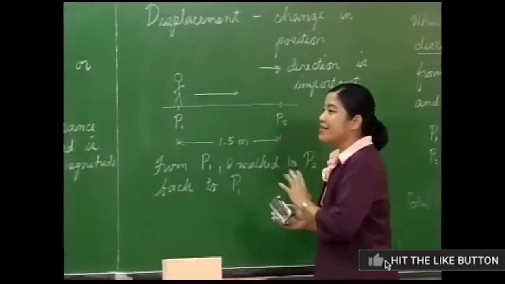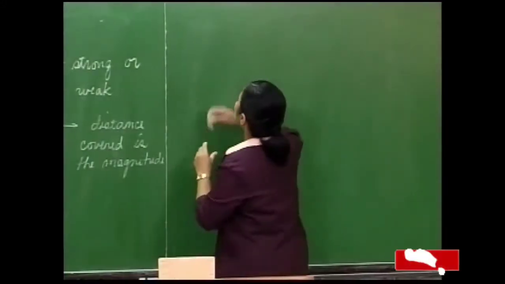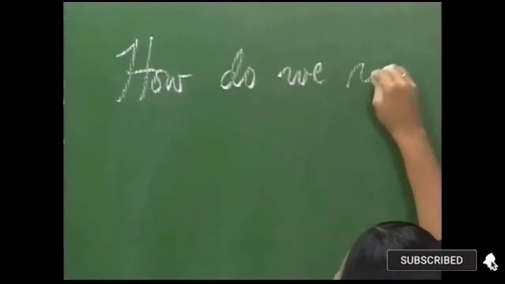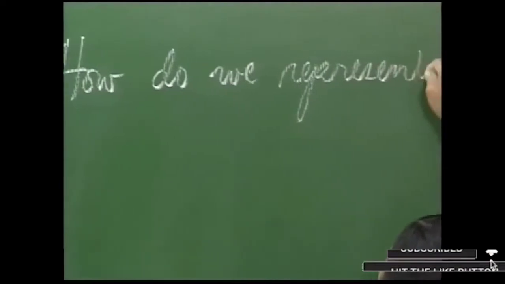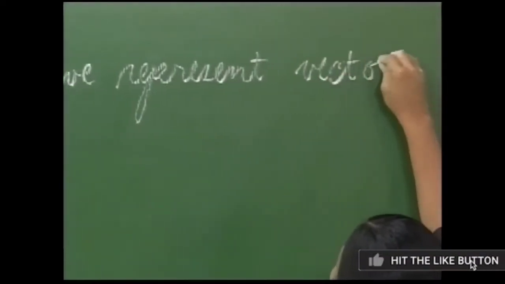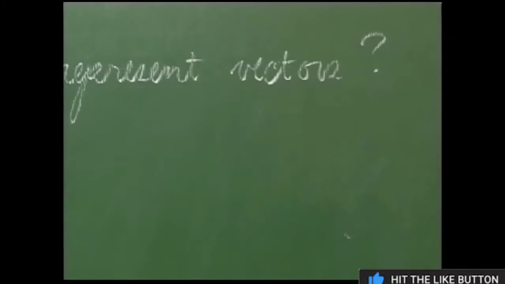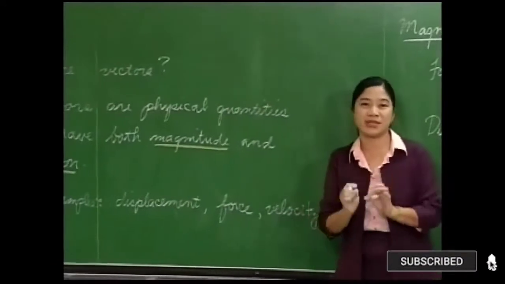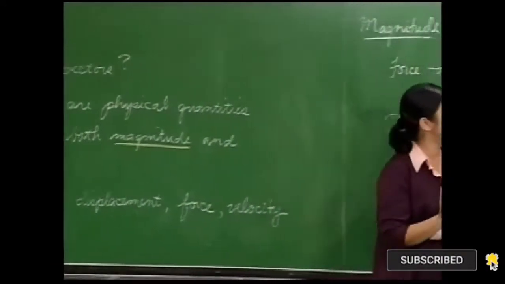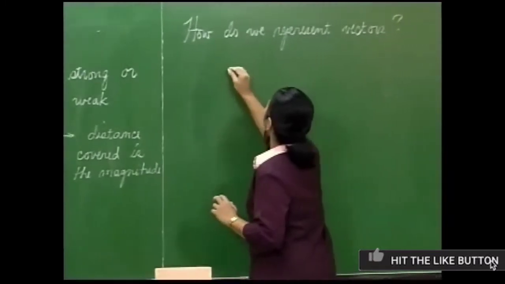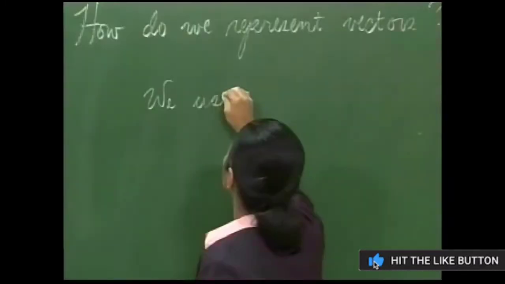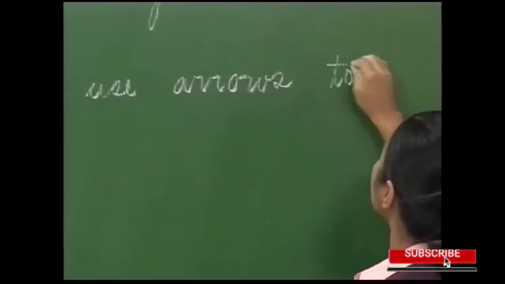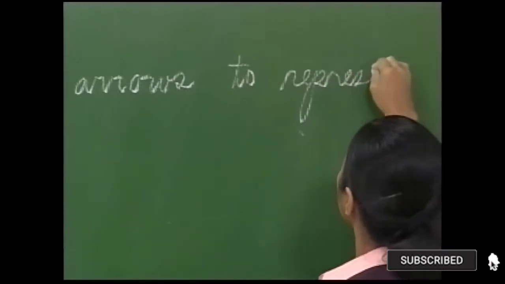Now, the next step is, how do we represent vectors? Or what symbol do we use? Now, because they have magnitude and direction, the most natural symbol to use would be the arrow. We use arrows to represent our vectors.